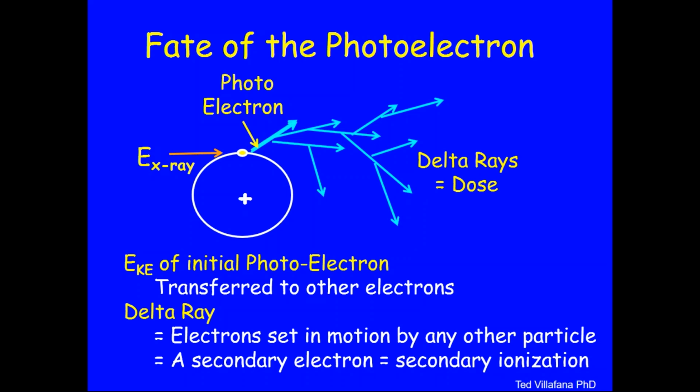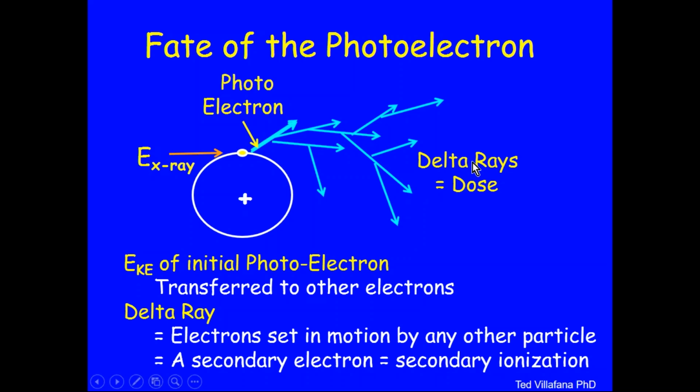And here I'm showing how it goes to patient dose. That high energy electron can knock out other electrons, which knock out other electrons, and it can keep on knocking out electrons as long as it has kinetic energy. And we call those multiple electrons delta rays. And all of these eventually will be absorbed and go into patient dose.